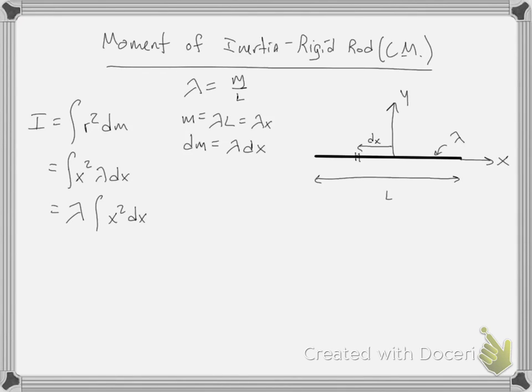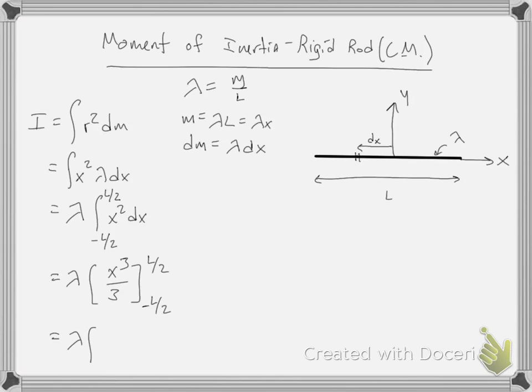Since we're calculating from the center of mass, our limits go from negative L over 2 to plus L over 2. The center of mass is our zero position. Evaluating this straightforward integral, we have x cubed over 3, evaluated from minus L over 2 to L over 2, or the other way around, rather.